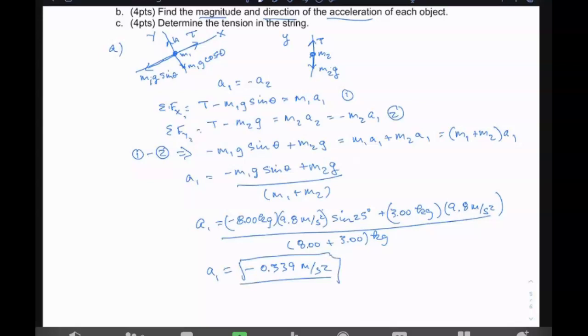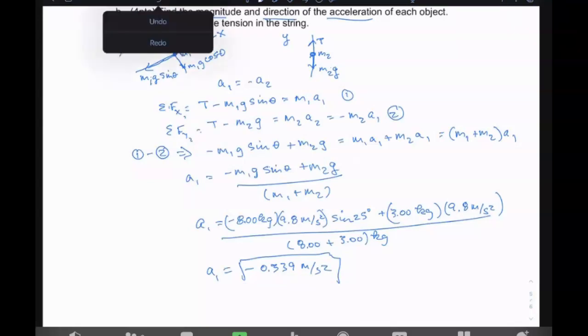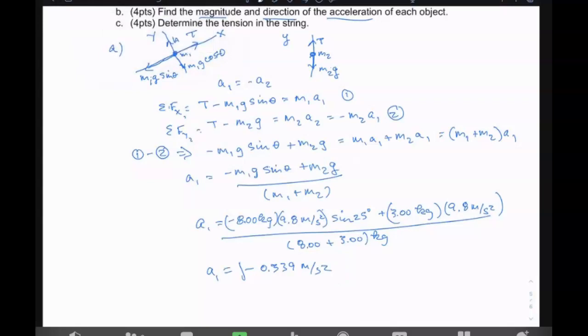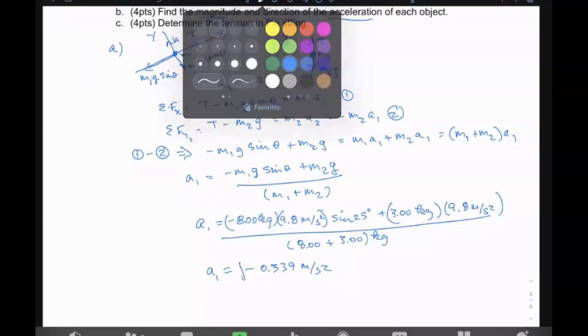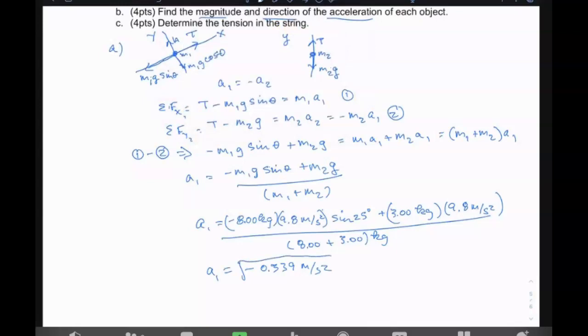Let me make that a little neater. So that tells us that body 1 is moving in the minus x direction.